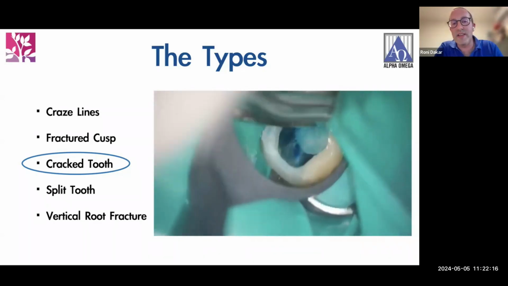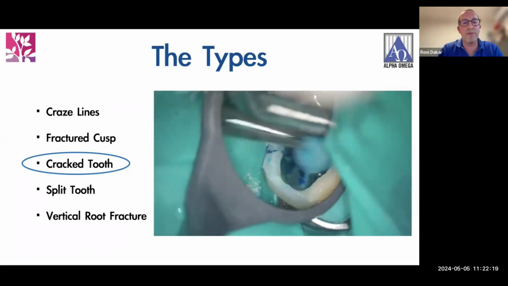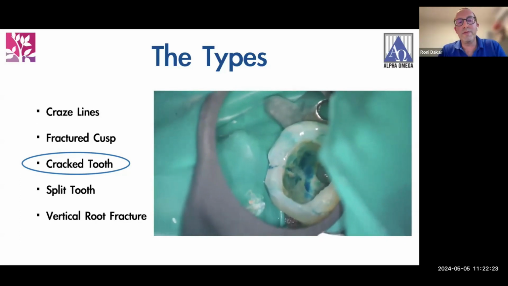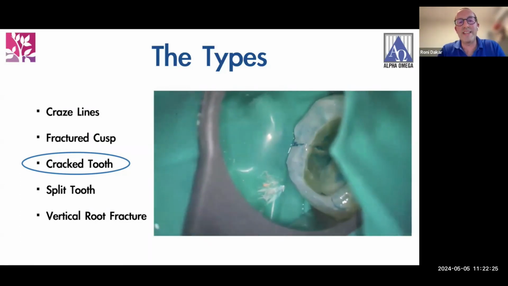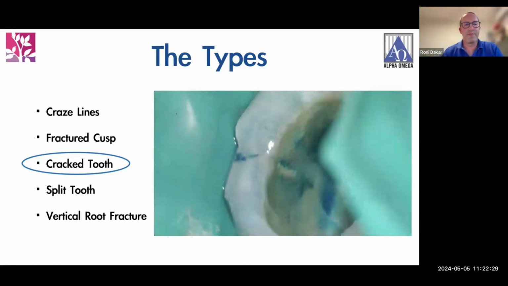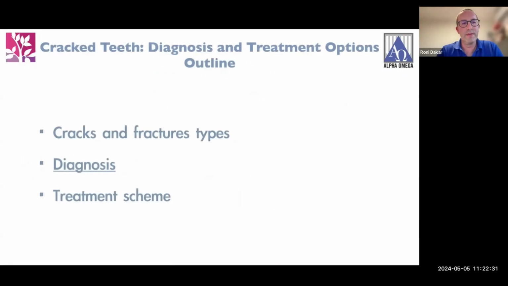The crack does not extend much beyond the occlusal part of the crown, although at first glance it is suspected of continuing apically. So much for the types.